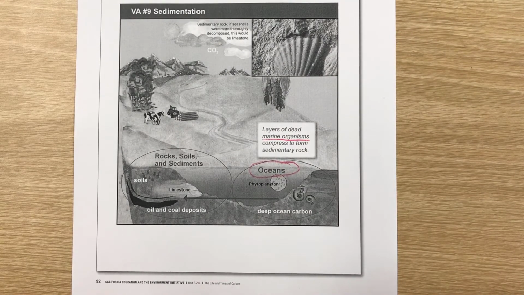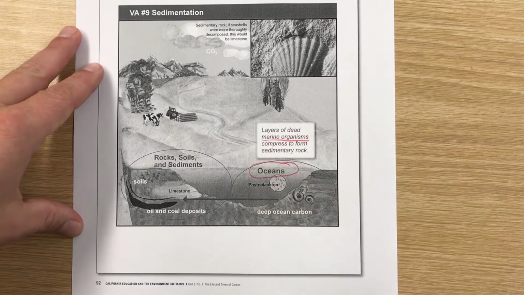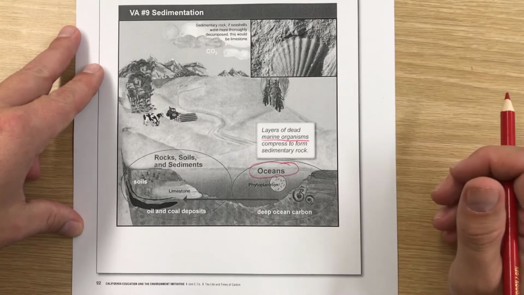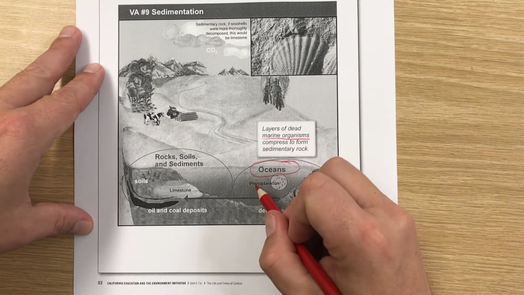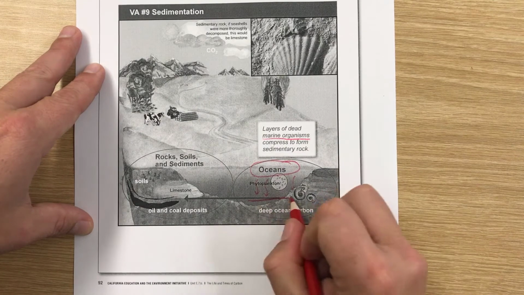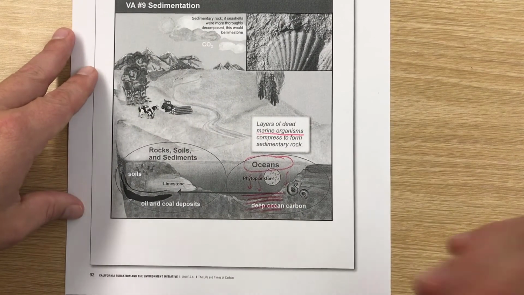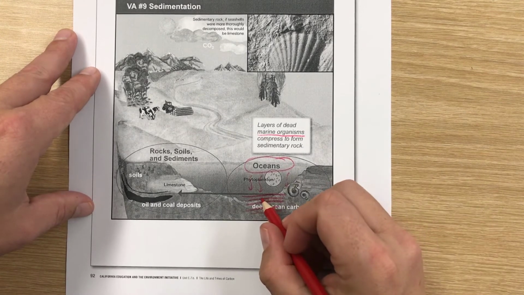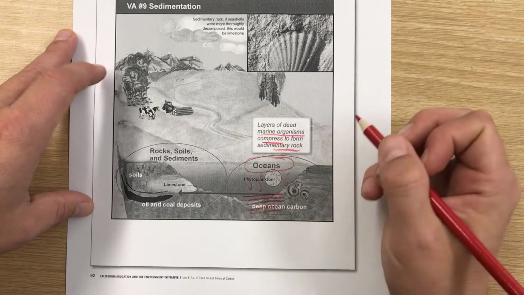As they die and start to decompose, start to fall apart, the carbon that's locked up in their bodies, especially in those shells and hard parts, will start to fall down to the ocean floor. And that gets layered up and layered up as more and more builds up over time. Eventually, that can be compressed into sedimentary rock.